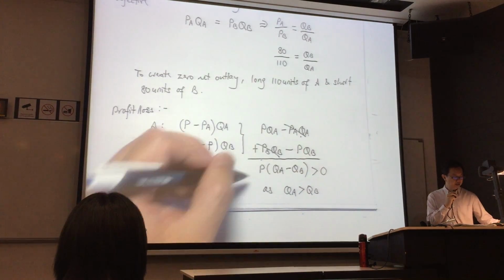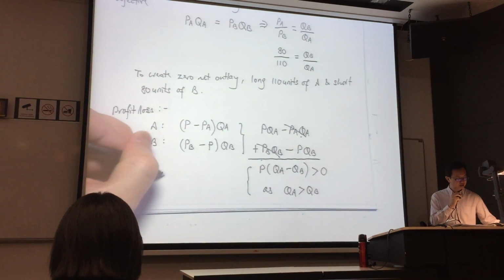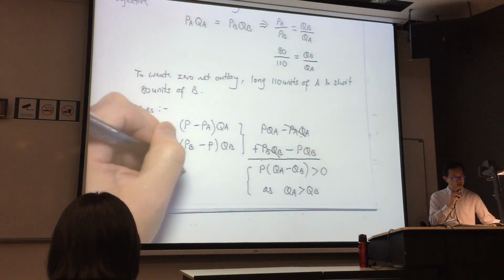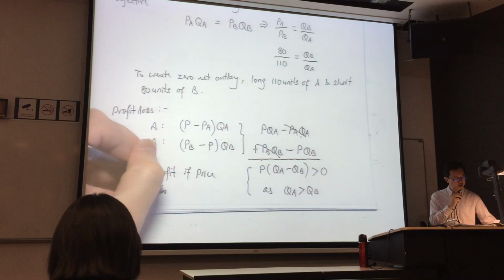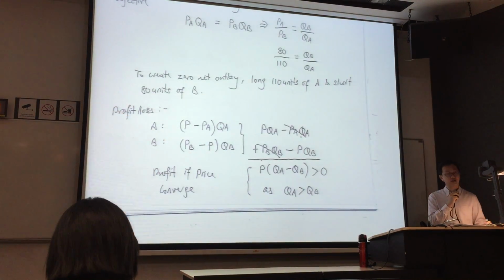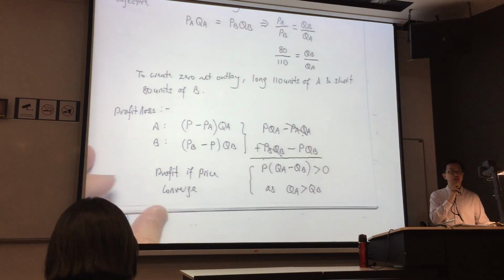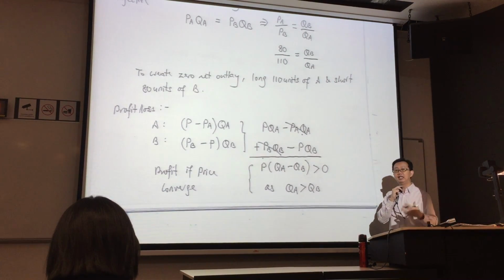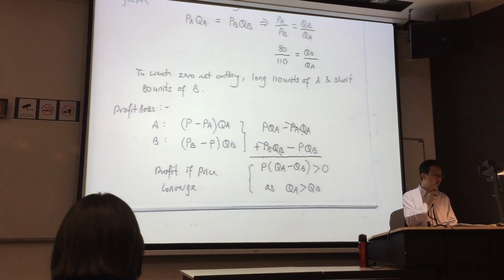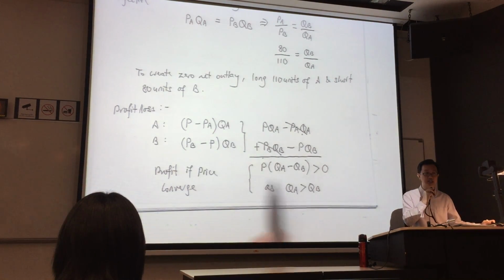So this means profit if prices converge. It doesn't matter where they converge, whether above 110, in between 80 and 110, or below 80. So long as they converge, you'll be able to make money.